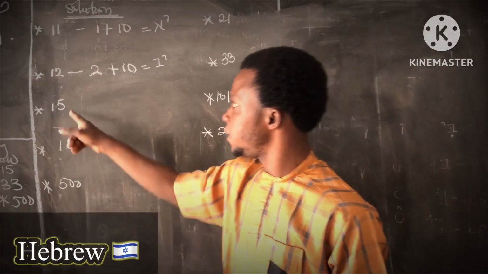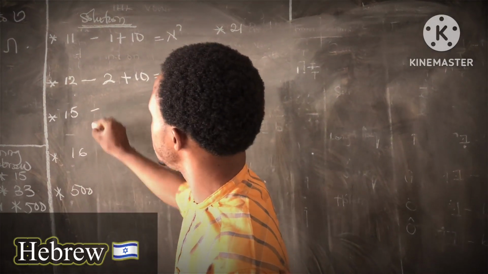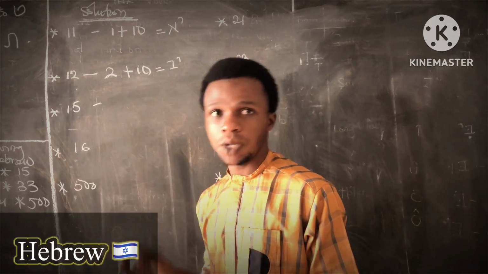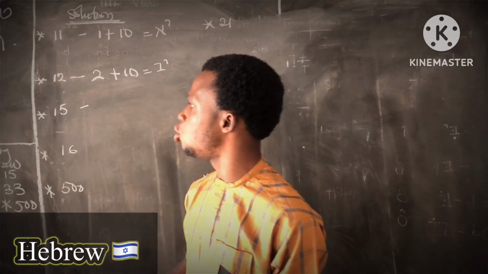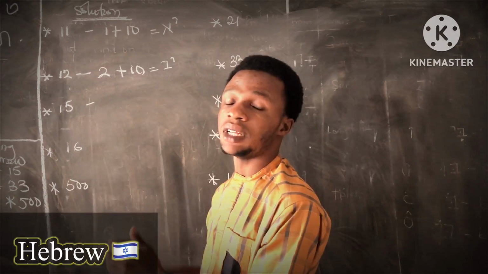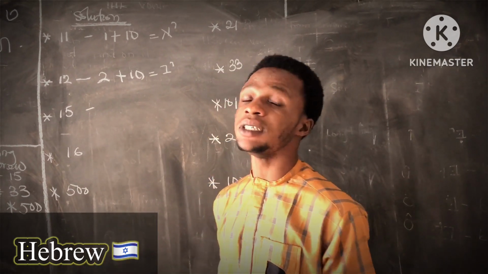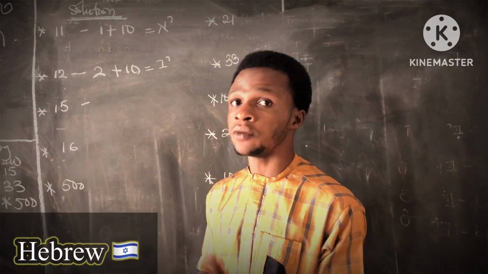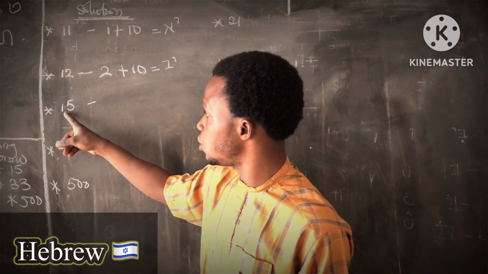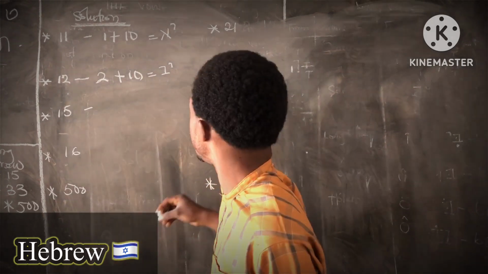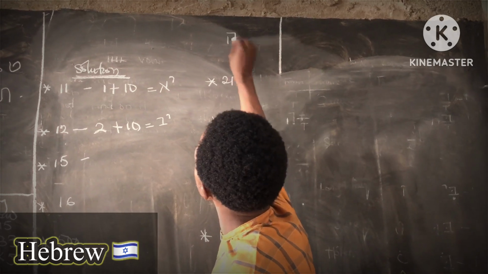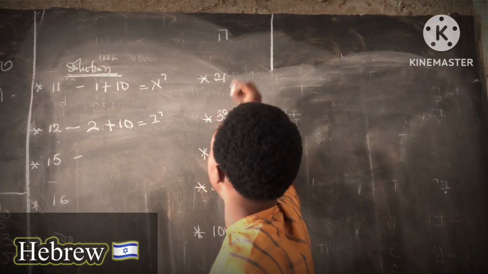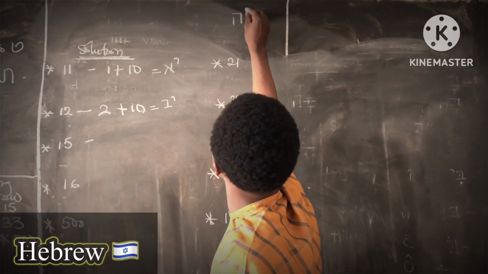So now this 15 and 16. You have to be very careful when you get there, because if you break this down into the direct units, it's going to give you the name of God. For instance, if you break this down, 5 is represented by Hey, and 10 is represented by Yud.